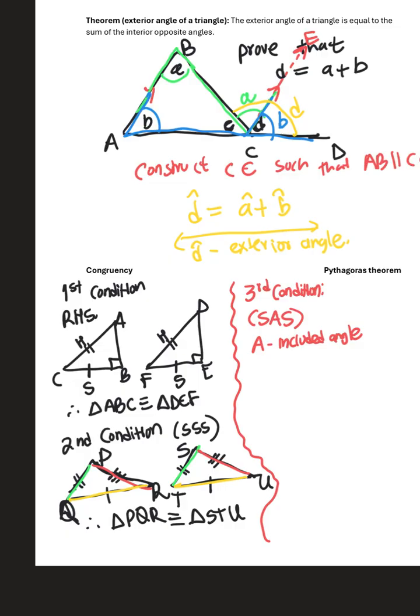This is a situation where we have two triangles, triangle FGH, for example, and triangle IJK, with corresponding sides equal. This side is equal to that side, and then we have the included angle, which is this angle here.